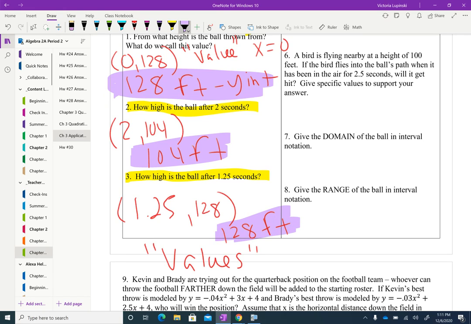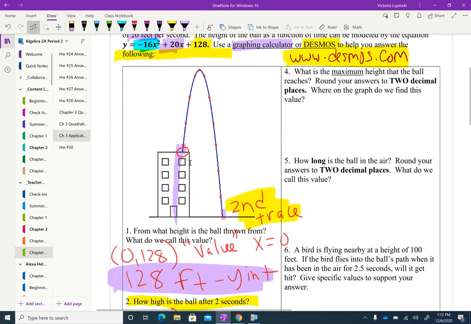You'll notice here the answer to number 1 and number 3 is the same. Well, how is that possible? How is it possible that the ball can be 128 feet at both locations? Well, that of course means that it's once on the way up and once on the way down. So perfectly acceptable that you get 2 different X's for the same Y.